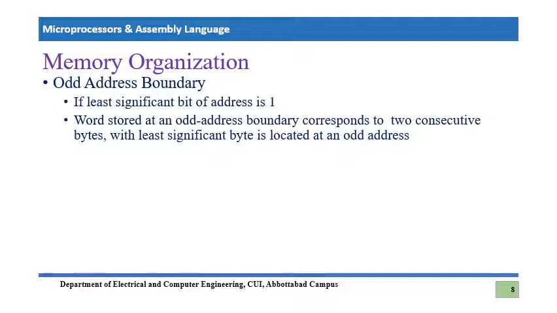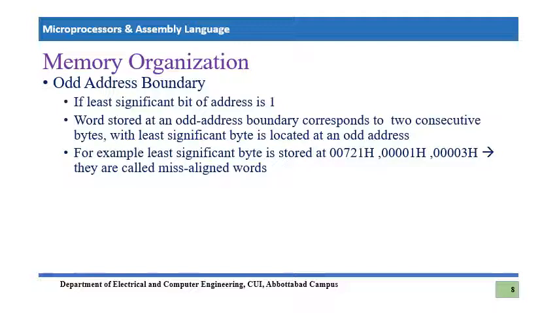If the least significant byte of the word is coming from an odd address, then we term that boundary as odd address boundary. Or if the least significant byte of that word is stored at an even address, then we term the whole boundary as even address boundary.